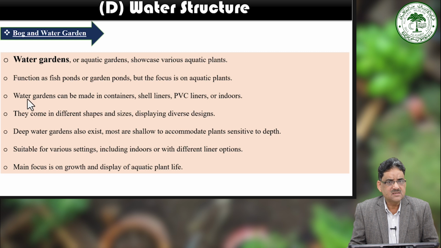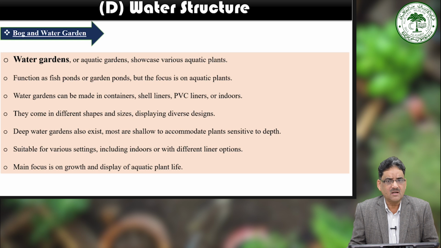Next are the water gardens, which are also known as aquatic gardens, that serve as showcases for various aquatic plants, emphasizing the cultivation of plant life over fish. They can be made in containers, shell liners, PVC liners, or even indoors, offering diverse design and sizes.